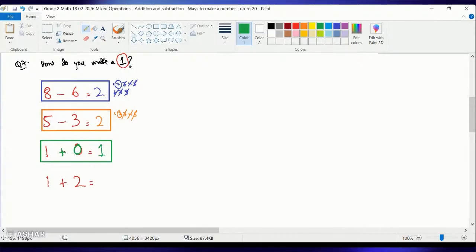And the last option would be 1 plus 2. That is 3. We had 1 tick, we had 2 ticks. That means the final answer is that 1 plus 0 would always be equal to 1.